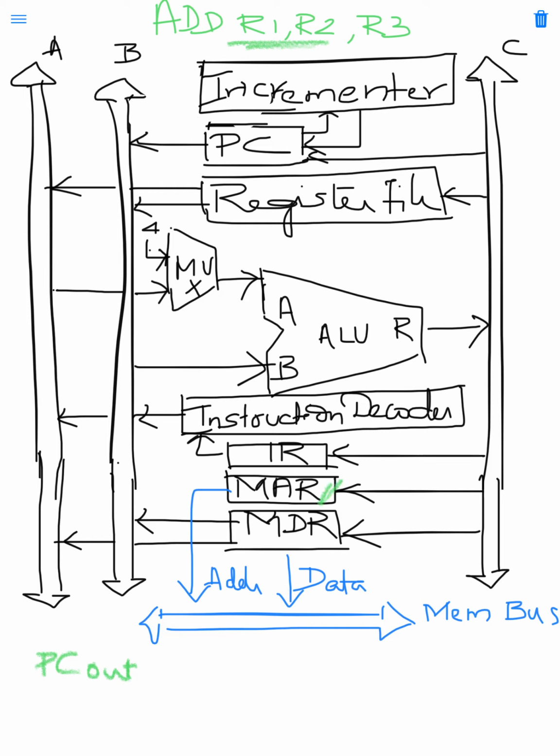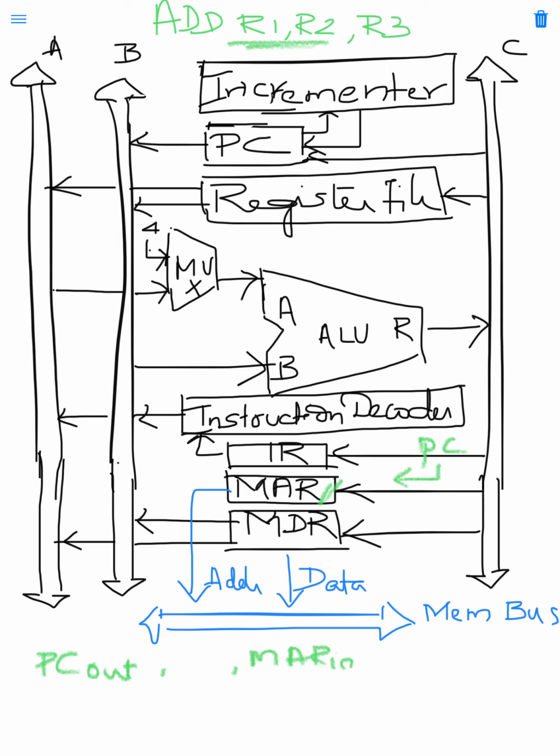The first task performed is to copy the PC value, that is, transfer the data from PC to MAR. For that, PC out signal will be enabled, and MAR in signal will be enabled.